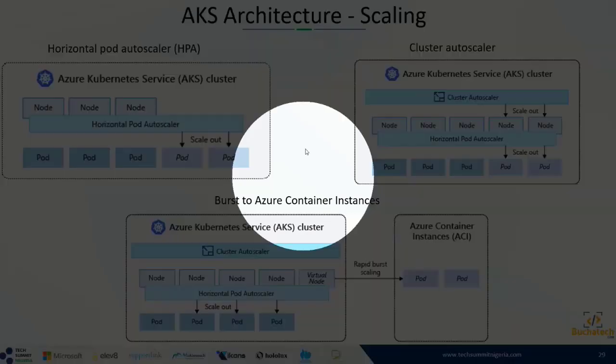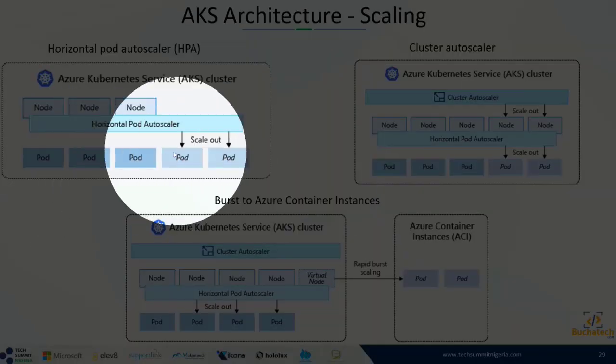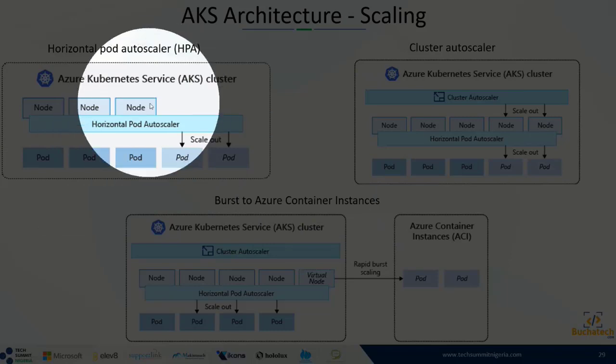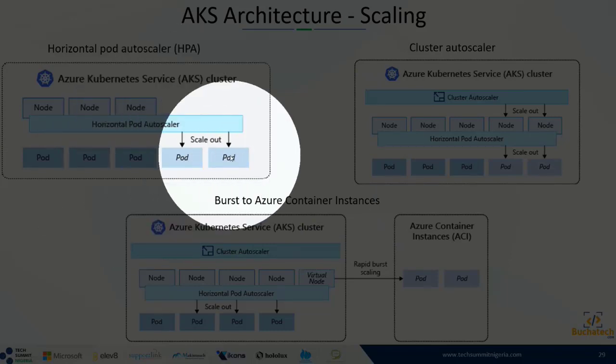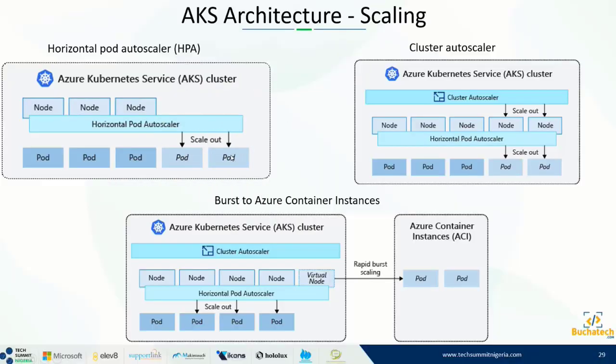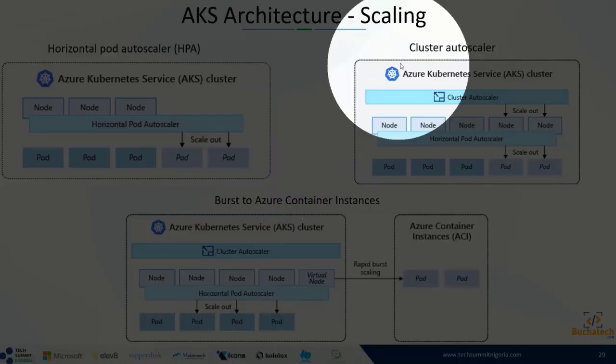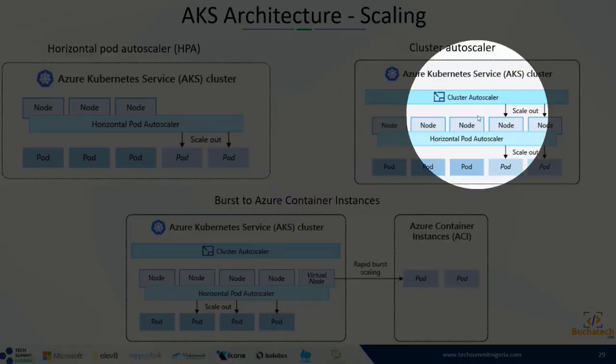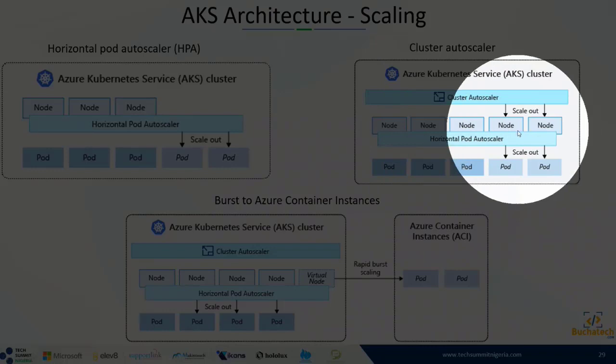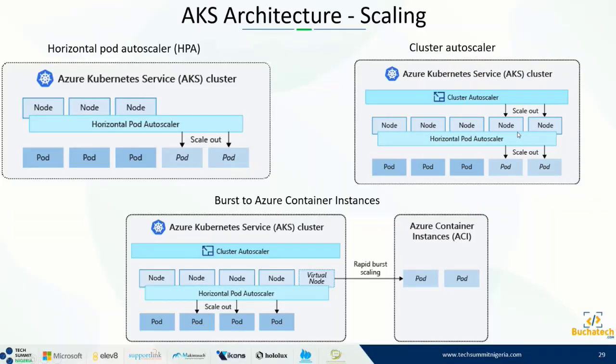Maybe your traffic increases, and so you need more pods to be able to handle the increased load, right? And so Kubernetes will recognize that the load is increasing, and it will start to scale out more pods for you. You also have a cluster autoscaler, and what this does, it actually scales out more nodes. So let's say your nodes, which are your virtual machines, are maxed out because of the load on them currently.